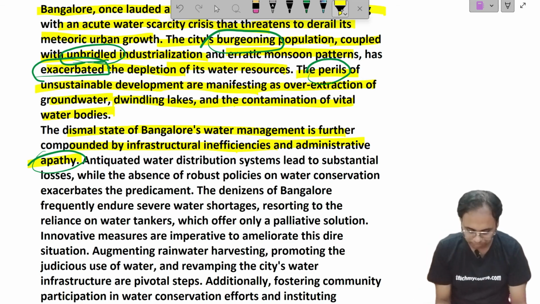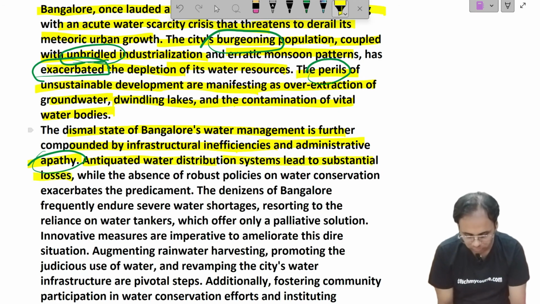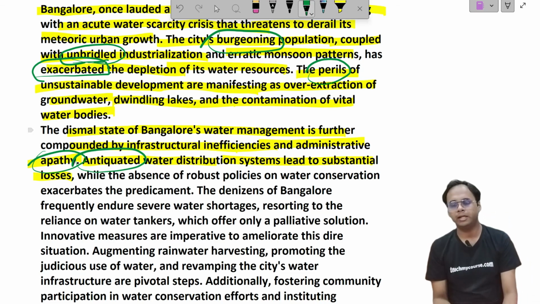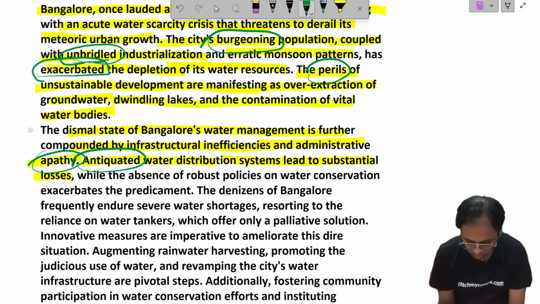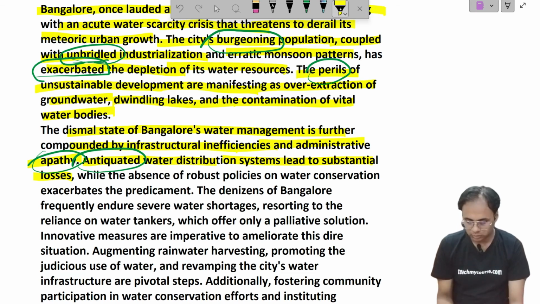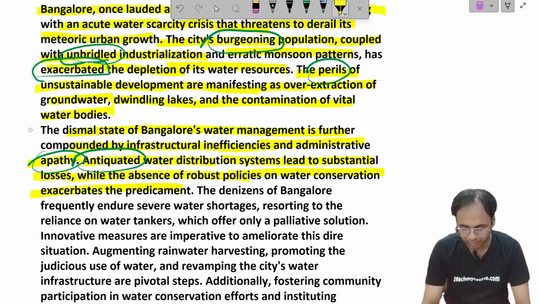Then, antiquated water distribution systems lead to substantial losses. What does antiquated mean? Very outdated, very old style, antique style. So antiquated water distribution systems lead to substantial losses, while the absence of robust policies on water conservation exacerbates the predicament.